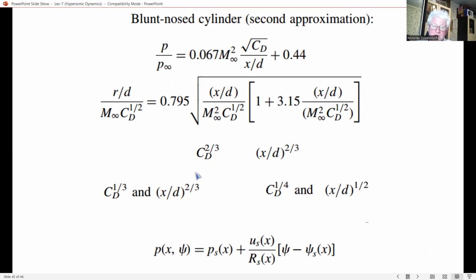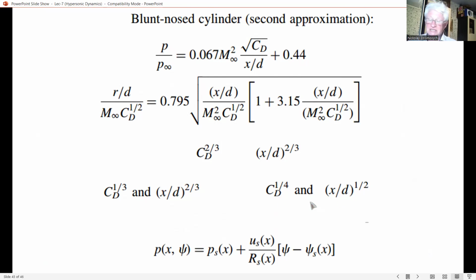For a blunt-nosed cylinder, the pressure distribution P over P infinity downstream of the nose varies directly as Cd to the power 1 over 4 instead of 1 over 3, and the square root of x over d instead of 2 over 3. Okay? So it is parabolic.